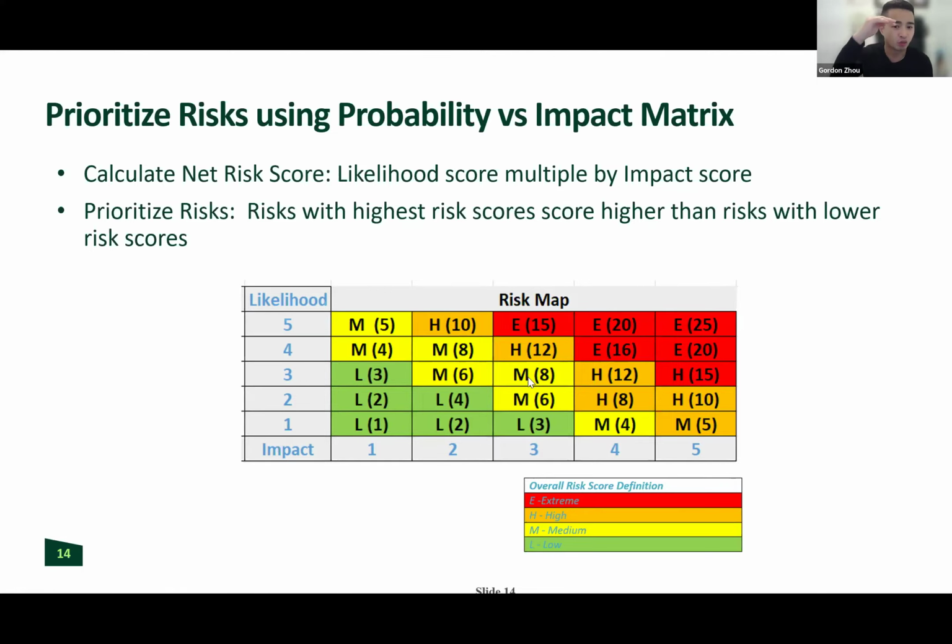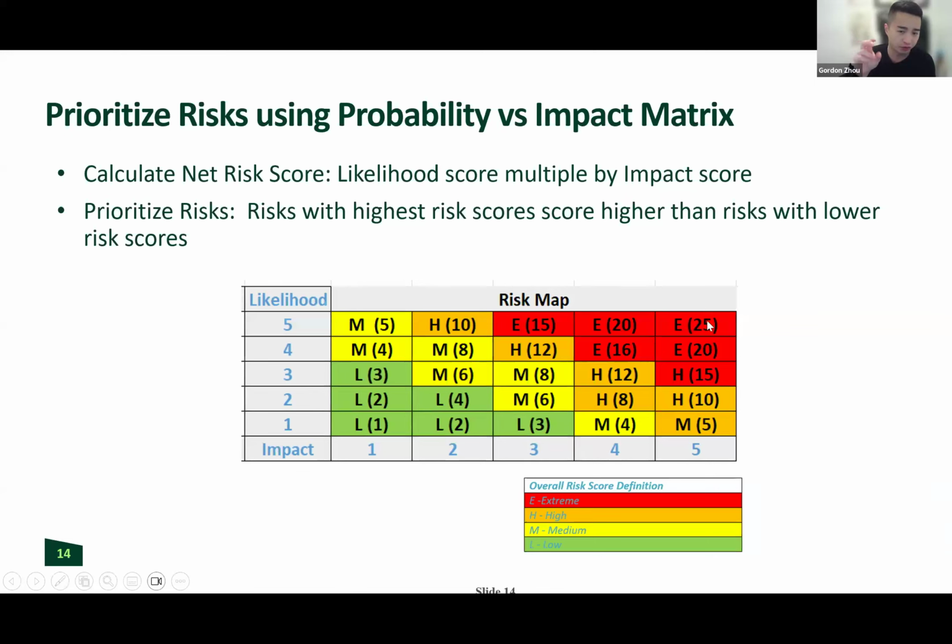Why is this helpful? It's helpful because once you get through that, now you can prioritize, because now each risk has a net score. The higher the net score, the more important it is. So you can see here, the highest number you can get using our formulation here is 5 and 5. 5 and 5 is 25.